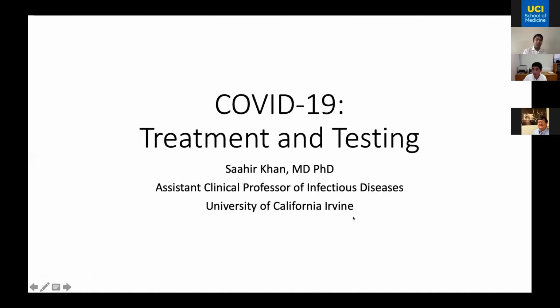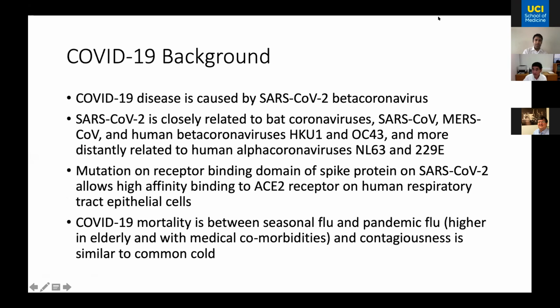All right, so COVID-19 treatment and testing is what I'll focus on here. And just as a little bit of background, and I know Ming went over a lot of this already, but just to reorient us. COVID-19 disease is caused by the SARS-CoV-2 beta coronavirus.